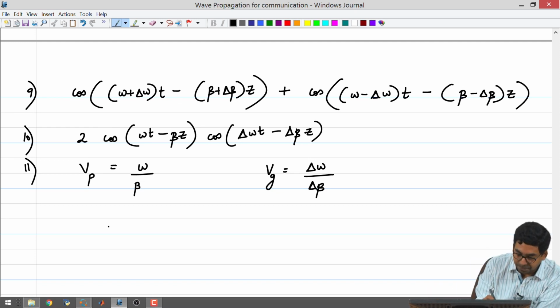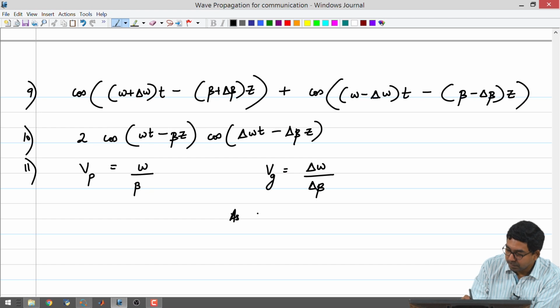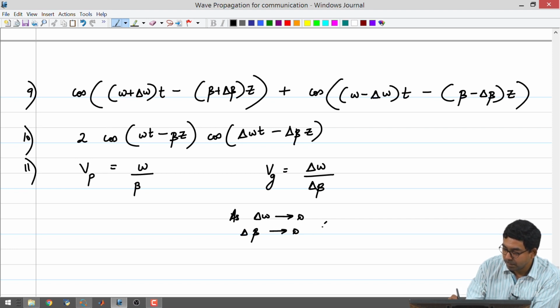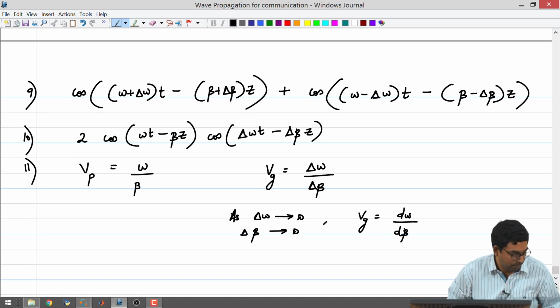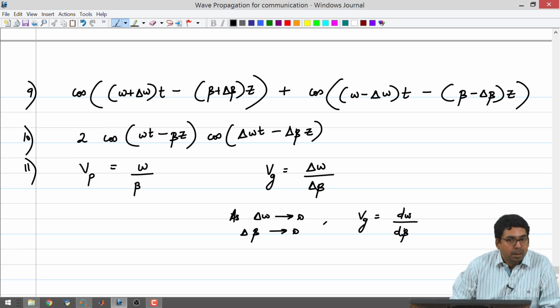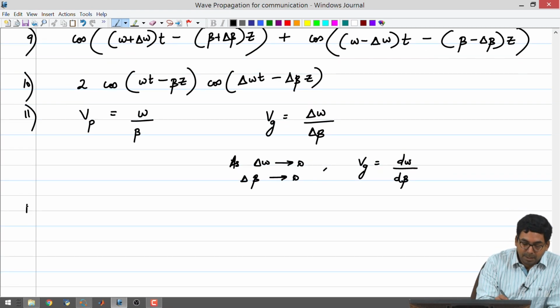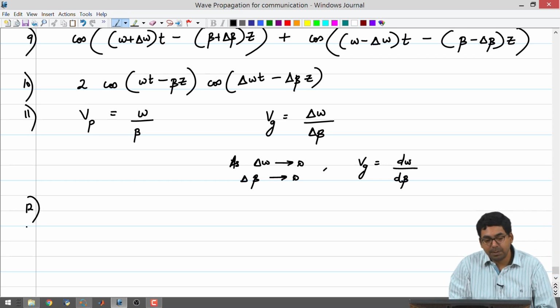So, we can say that you could just write this as d omega by d beta. So, there is a difference in the way we have written. Phase velocity is omega by beta and Vg is equal to d omega by d beta.